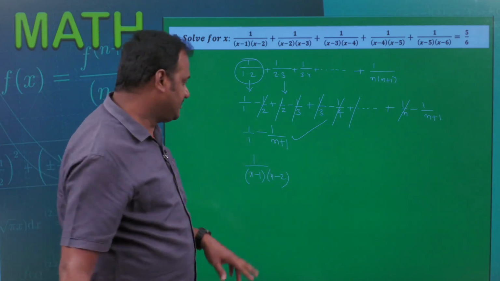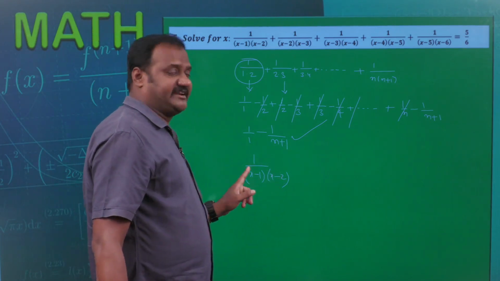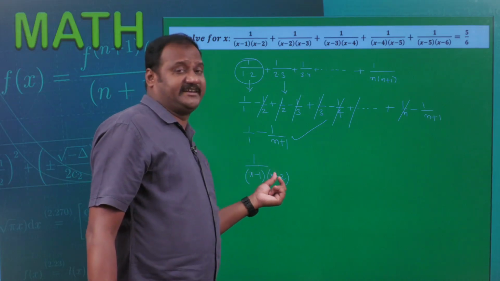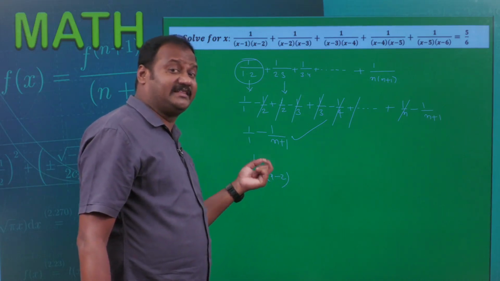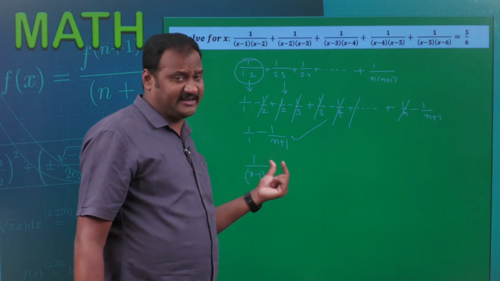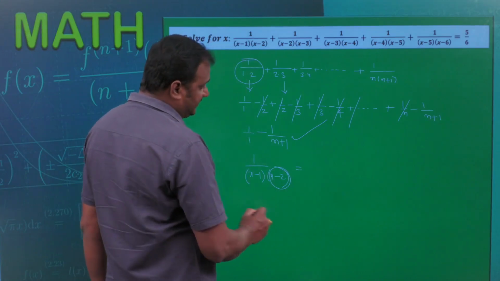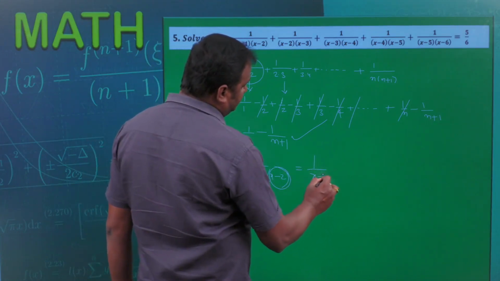Don't get any confusion. Here 2 is subtracted from x. Here 1 is subtracted from x. When 2 is subtracted from x, it would be smaller than the number when 1 is subtracted from x. So that is why here x minus 2 is smaller, then 1 by x minus 2 is greater.